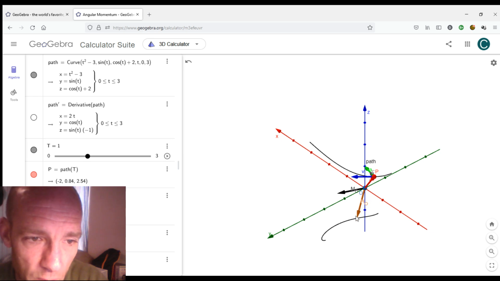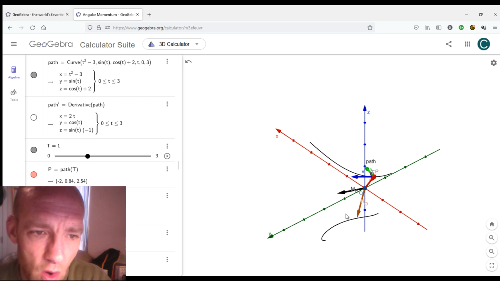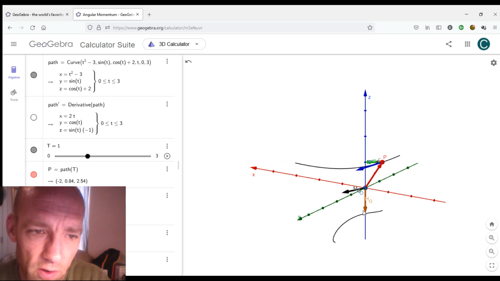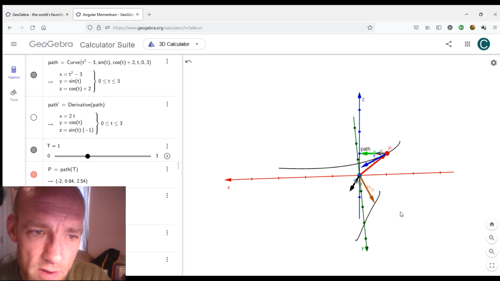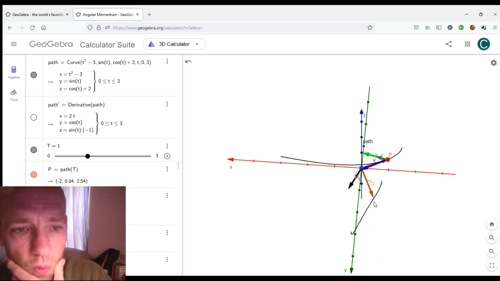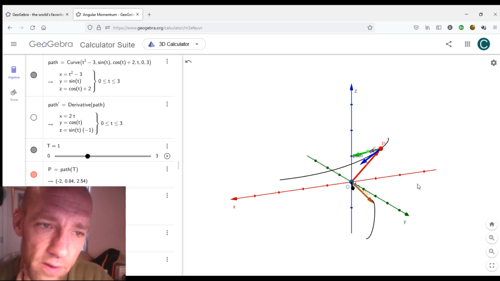You can tell that the angular momentum is changing along this path here, and so the moment is going to always be parallel to the path at the point where the angular momentum is tracing it out. See what I'm saying? So right here, the moment is parallel to this path because it is describing the rate of change of angular momentum. That's kind of the point.